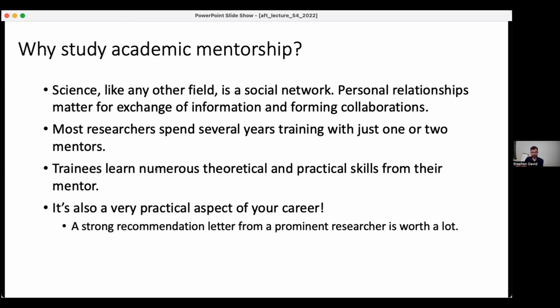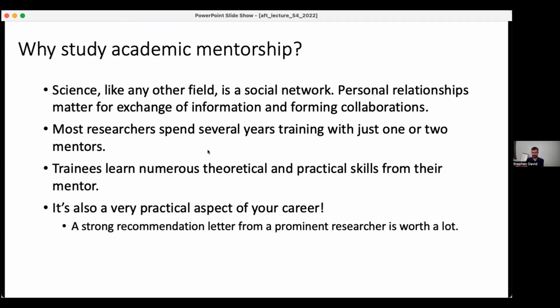I think for those of you who've started or completed your training, you learn a lot as a graduate student or as a postdoc, but it's multifaceted, right? You're learning science. You learn your specific fields, the methods that you use, the experimental methods or analytical methods. But also you learn professional skills, right?